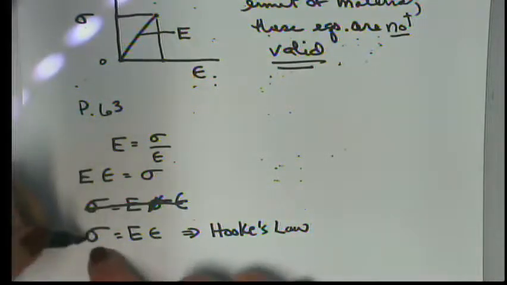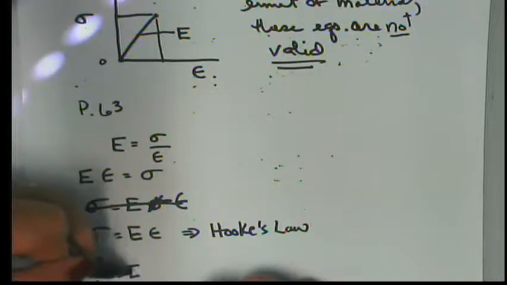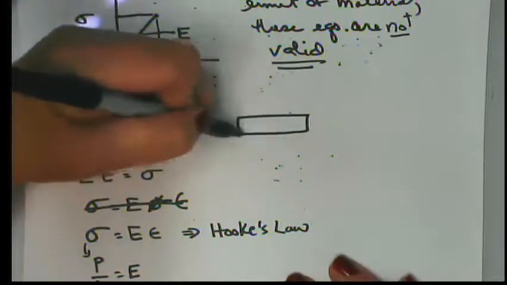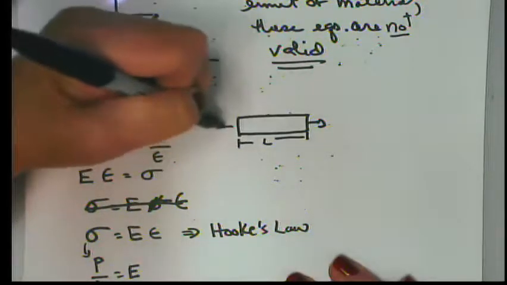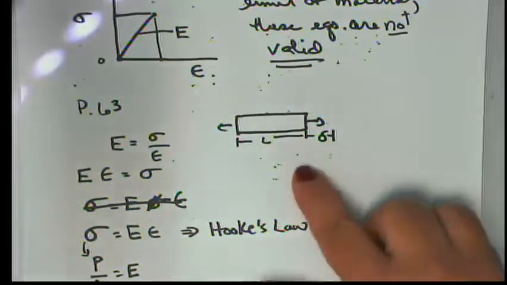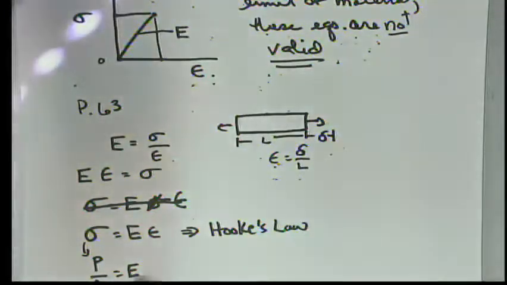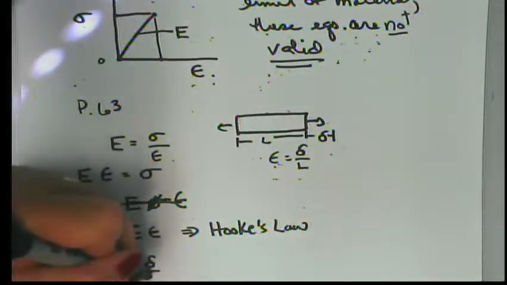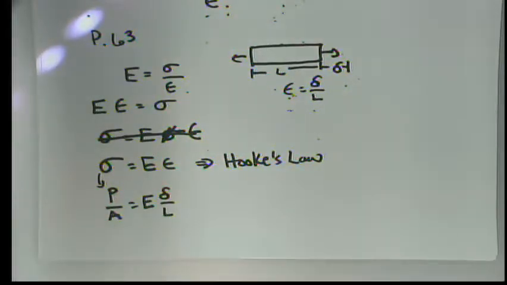Well, if we take a look at this, we know that sigma, if it's caused by a load, is P over A. And we further know from our discussion of epsilon that if we had an original length L and then we pull on it and we get an increase in length of del, that epsilon is equal to del over L. So we could write that here, del over L. And so then if we take a look at this, this is where we get to page 68.